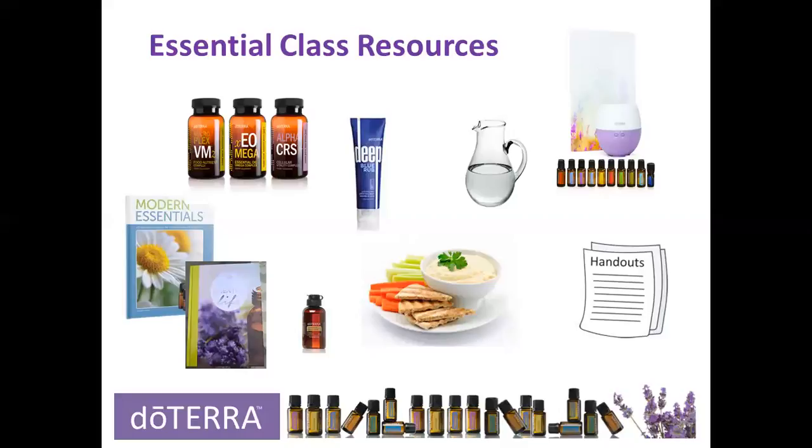And then you'd like to have your handouts. Okay, so these handouts you can get from your upline if you haven't already. The handouts that we like to use is we have an enrolment form where you can place your order. We also have a notes sheet, so a class note sheet, which just really is for them to make some notes, and it has a brief summary at the top where they can get their Modern Essentials book or the Essential Life book from.